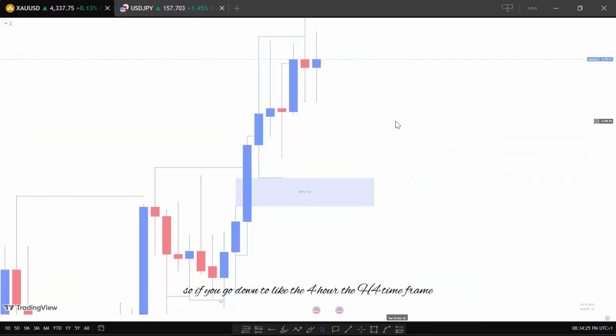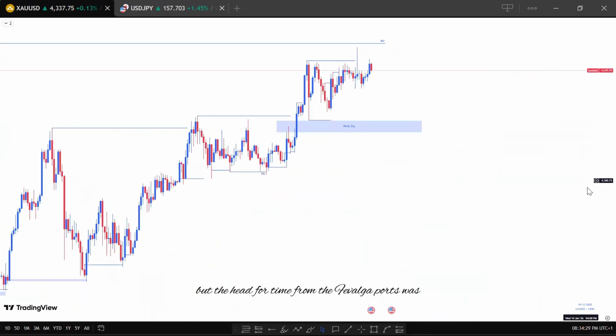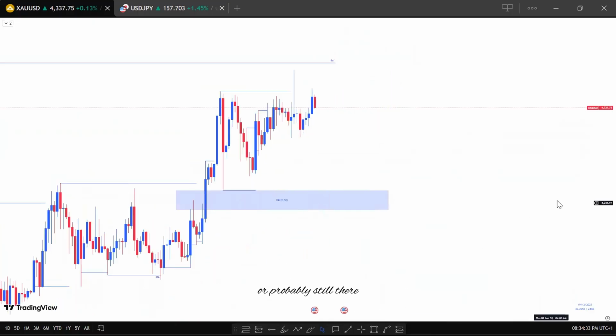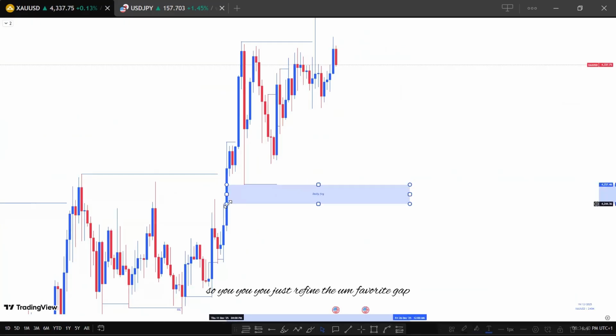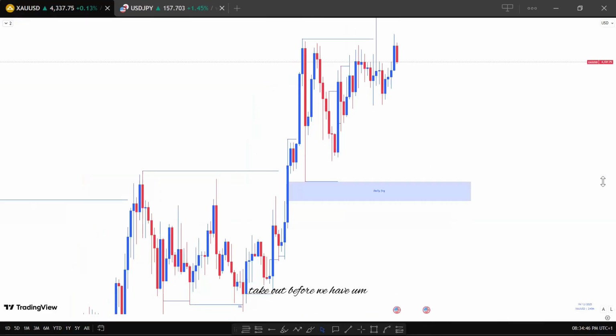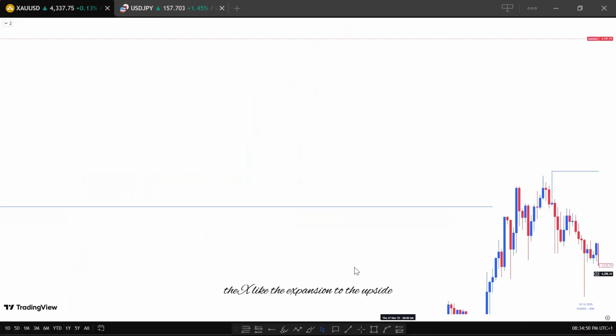If you go down to the H4 time frame, the fair value gap was probably still there, so you just refine the fair value gap. Then we had this low right here that I really thought price would come take out before the likely expansion to the upside.